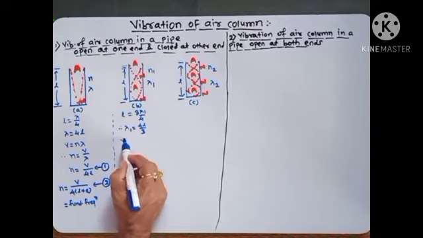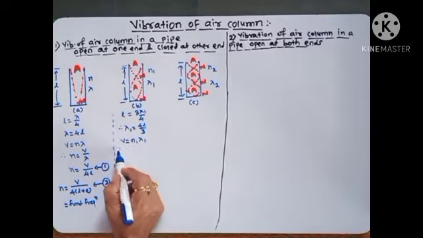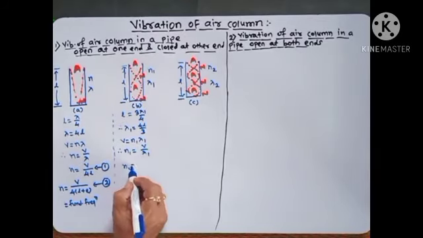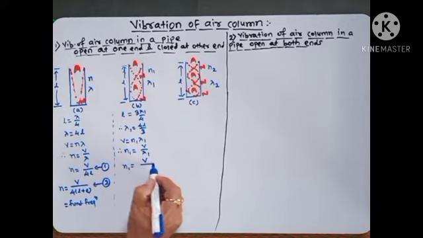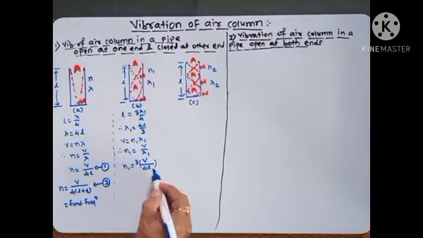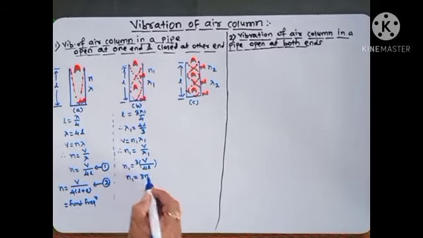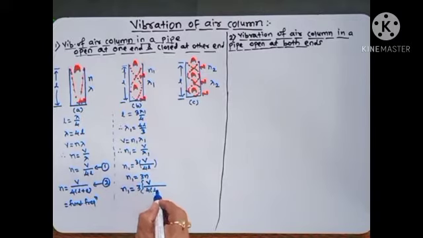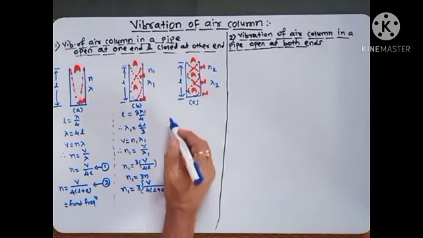And again you know v is equal to n1 lambda 1, and therefore n1 is equal to v upon lambda 1. Putting the value of lambda 1 as 4L upon 3, we get n1 is equal to 3 into v upon 4(L plus E), or n1 equal to 3n, and this is the higher harmonic or first overtone.